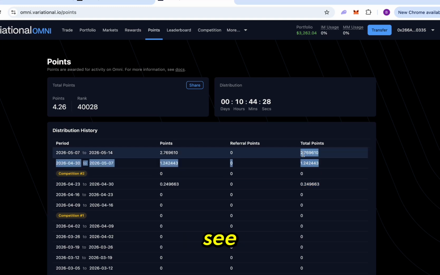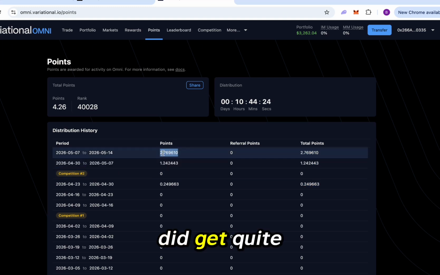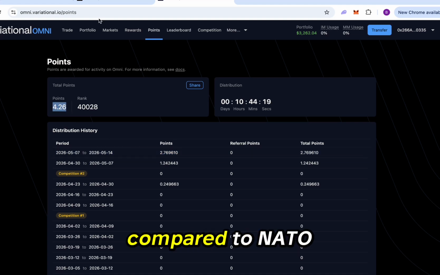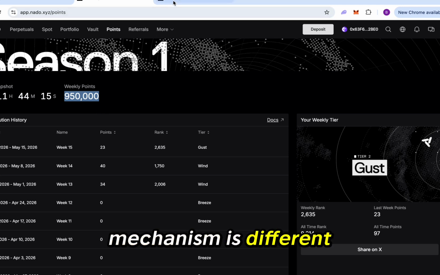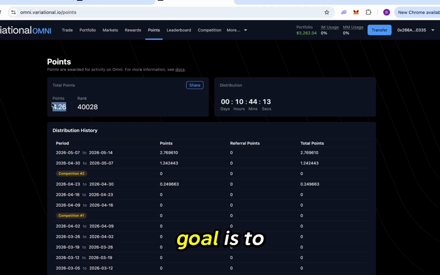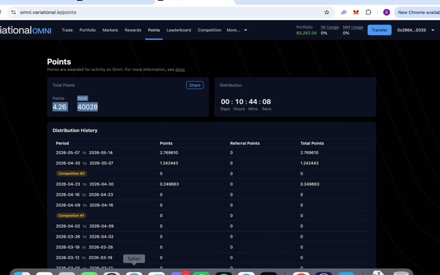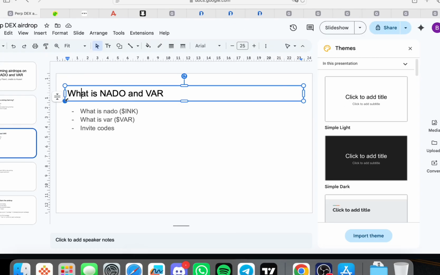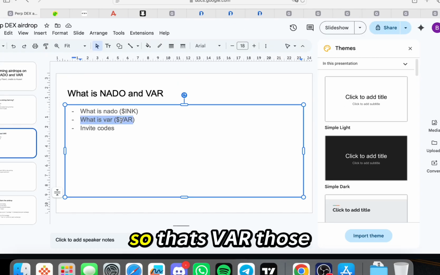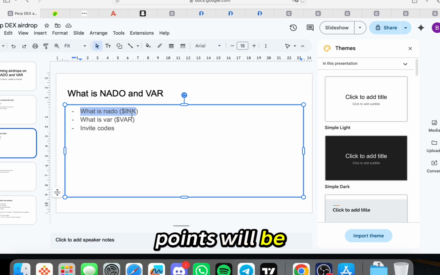As you can see, I did get quite a few points actually. I have like 4 points here, which is nothing compared to NATO, but the points mechanism is different here. It doesn't matter. Your goal is to be claiming as many points as possible. Those points will be converted into tokens.